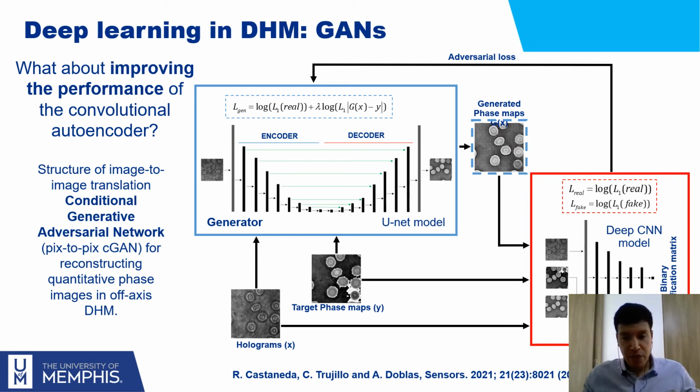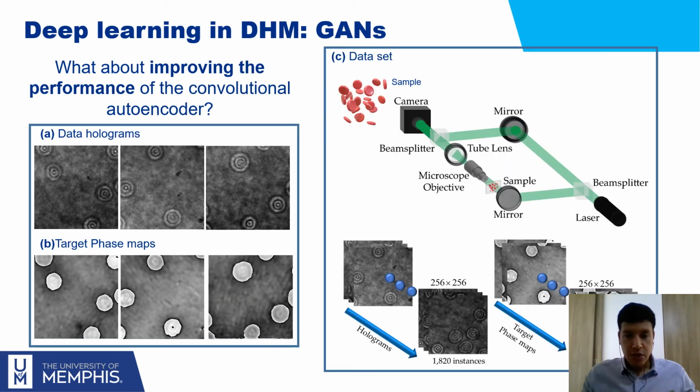And the second function of the loss model gives us a measurement of the quality of the generated image. So it is not only about fooling the discriminator, but also about producing a high quality generated image. The dataset to train this model is, as I mentioned in the previous slide, essentially the same that we used for the convolutional autoencoder, but in this case, we didn't need the complete dataset. We used a smaller dataset.